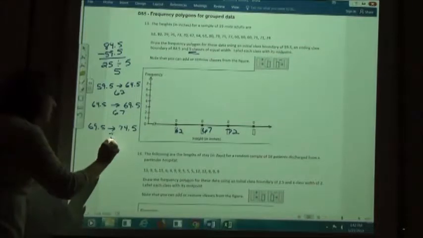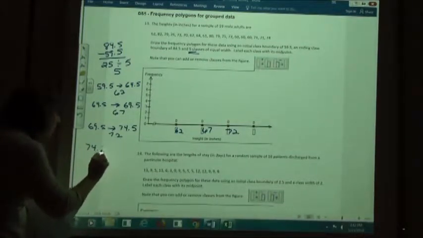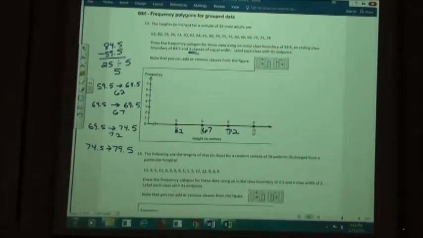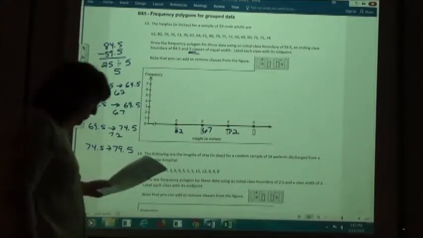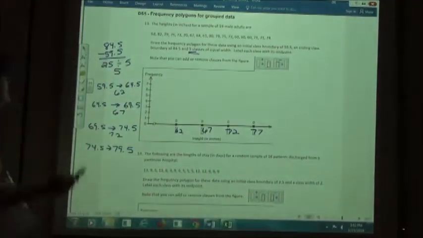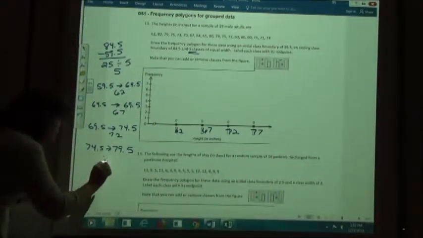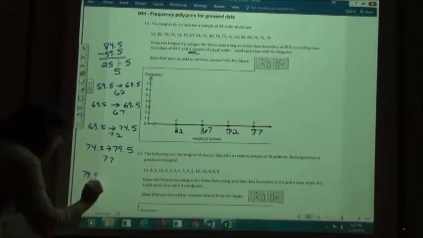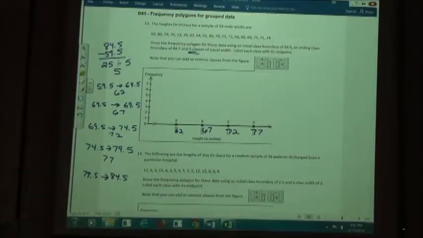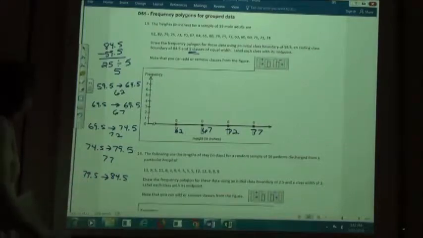My next section is from 74.5 to 79.5, so the midpoint is 77. We're not quite to the end because we've got to go to 84.5. 79.5 to 84.5, and the midpoint of that is 82.